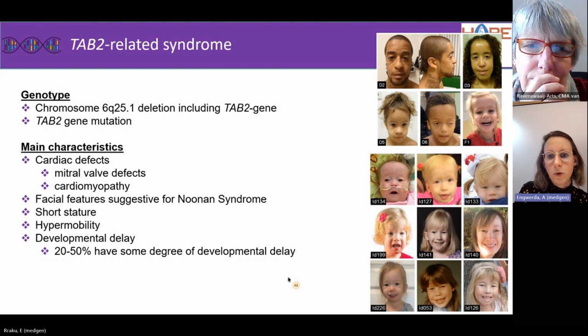So what we did see was that individuals who had a larger deletion involving more and more genes had more severe developmental delay than the individuals who only had a smaller deletion. But still, also for the individuals with the deletion of chromosome 6, including this TAP2 gene, also 50% didn't have developmental delay.